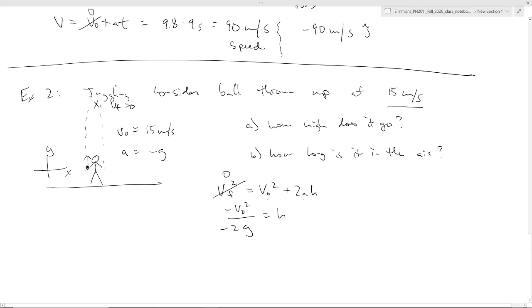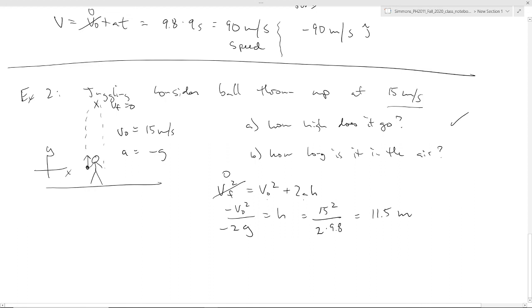So when we divide this negative by negative, we'll get a positive number. So let's put our numbers in here. This was 15 squared over 2 times 9.8. This works out to 11.5 meters. Okay. So we know how high it goes.